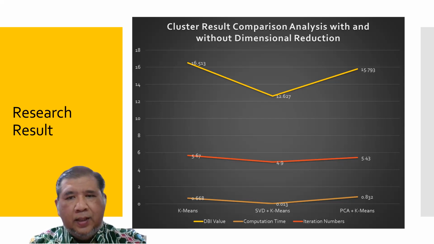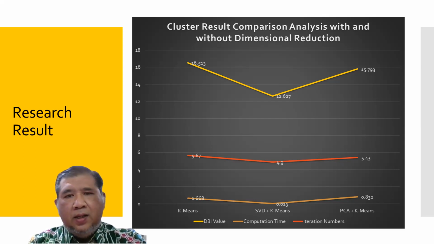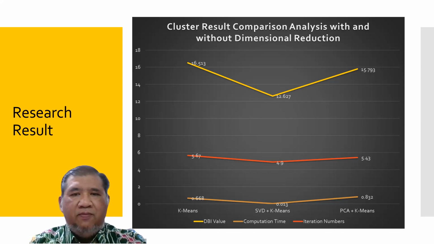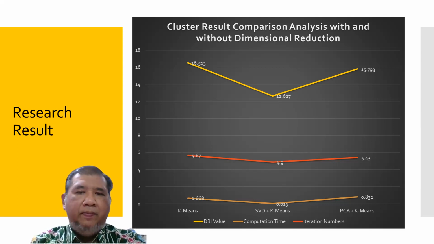For the computation times, here is K-means only. SVD is faster, but PCA is slower than K-means only. For the iterations, there are significant differences between K-means only and SVD, but no significant differences between K-means and PCA.